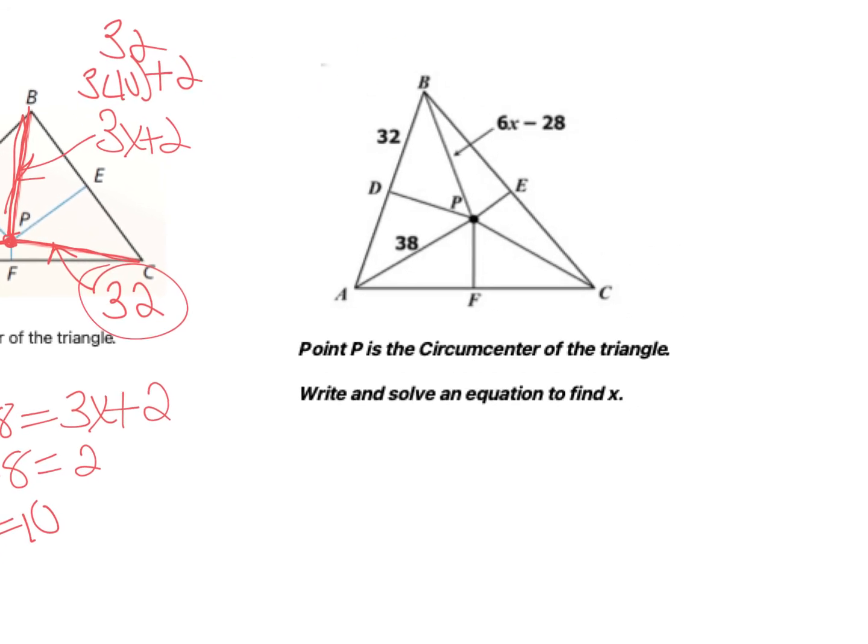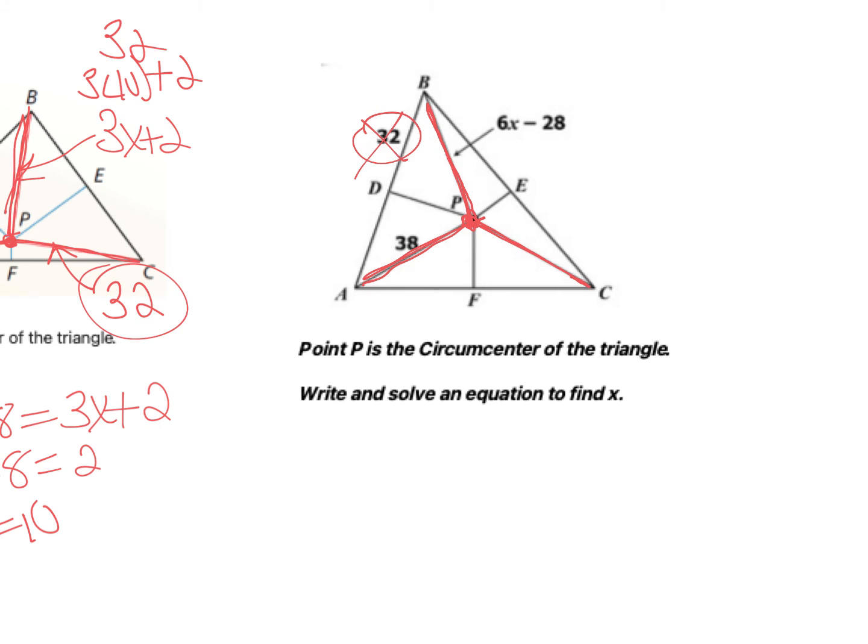Okay, our last example has more information on it. It says point P is the circumcenter, and we said P is the same distance to the corners of the triangle. So we know that these three red lines are all going to be the same length. This 32 out here is just there to try to confuse us.